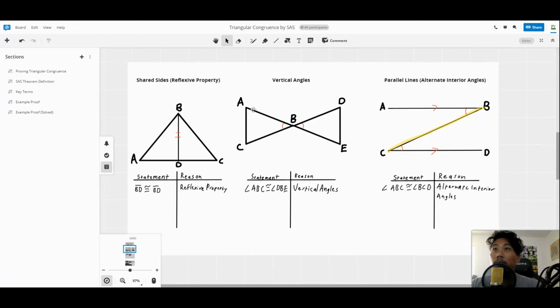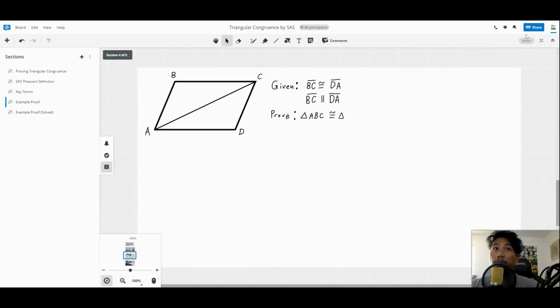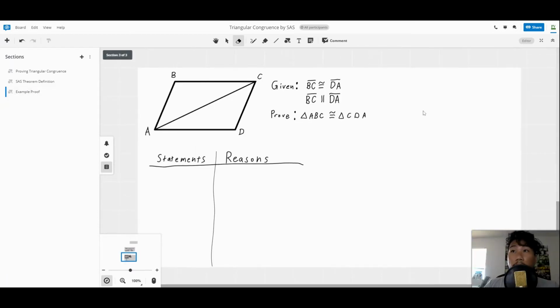Great. So now with that out of the way, we can go ahead and take a look at an example. So here I have a quadrilateral that is separated into two triangles. We have triangle ABC, which I will mark here in yellow, A, B, C. And we also have triangle CDA, which I would mark here in blue.